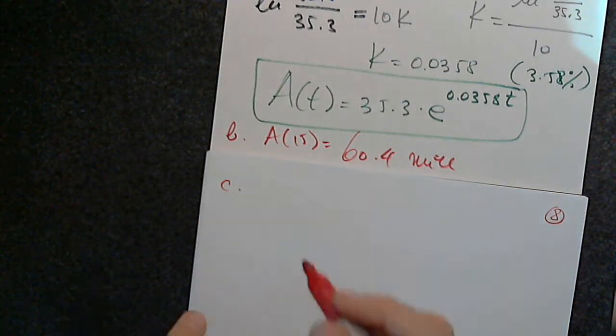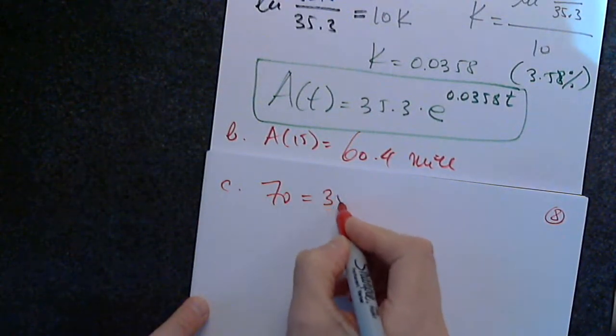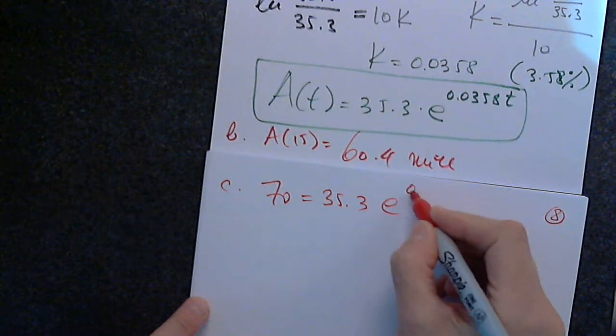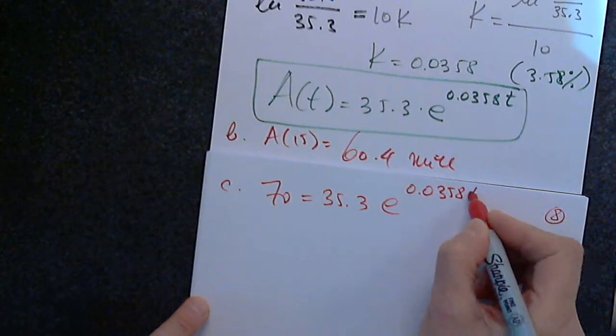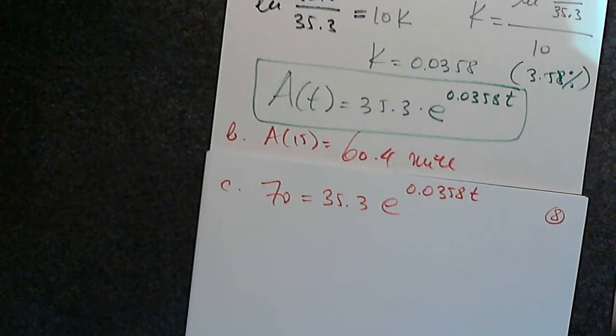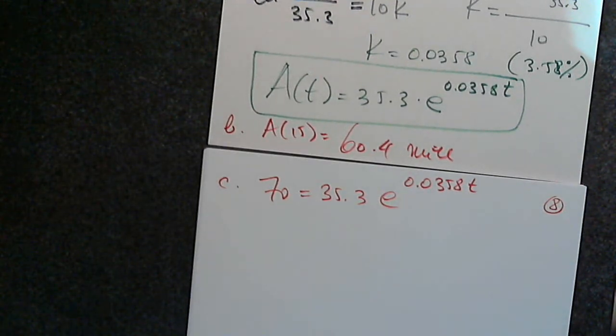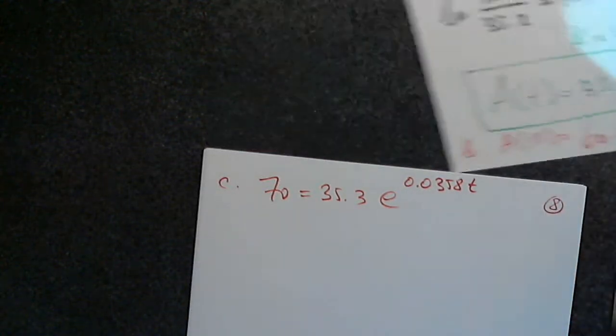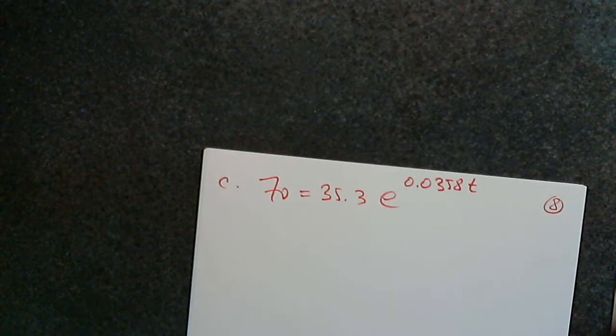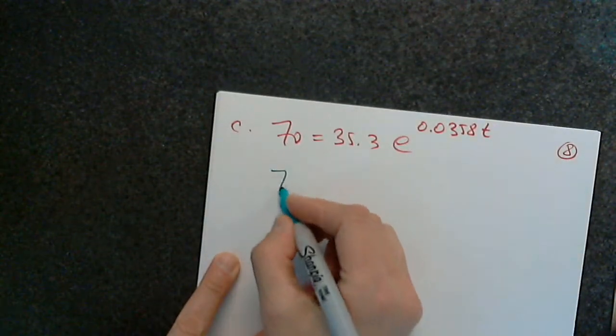Excellent, well done. 70 equals 35.3 e to the 0.0358t. And now there is a lot of repetition, as you see in this chapter. What do I do next? I have to clean it up, as we did a minute ago. Exactly, divide by 35.3.